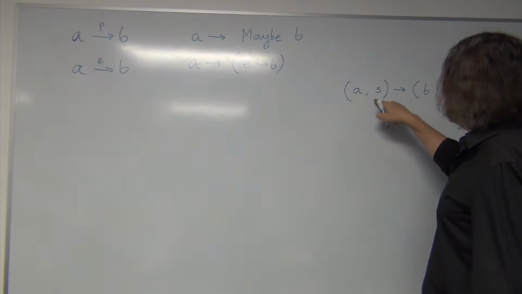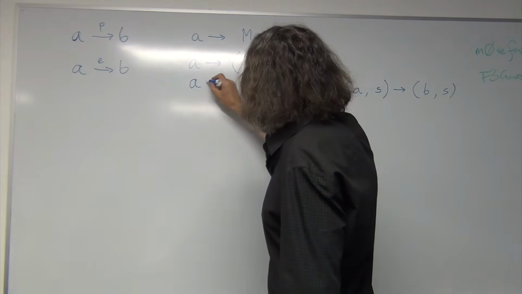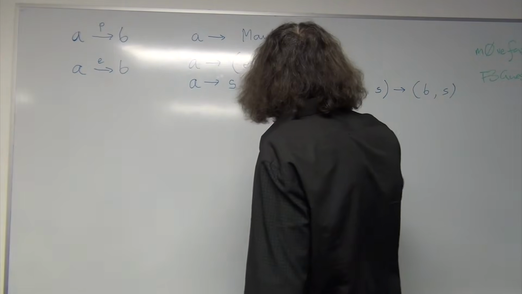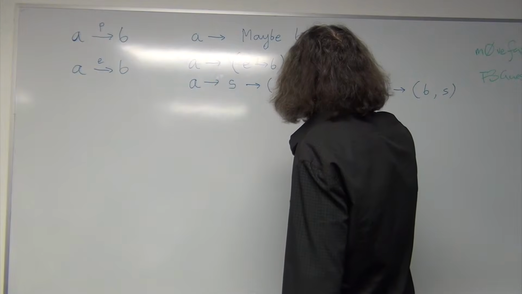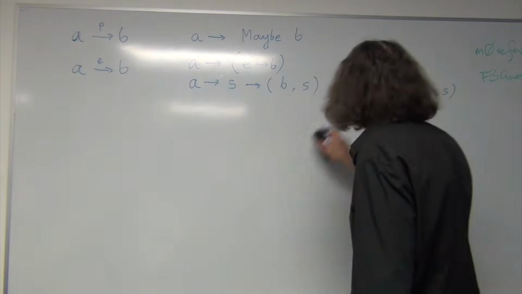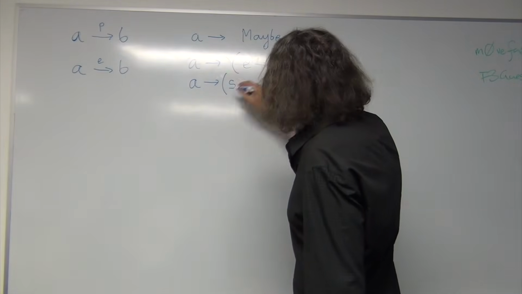Now, so again, let's query this thing, right? It's a function that takes A and S and returns a pair, B, S. Okay? Great. Now let's put some redundant parentheses here.